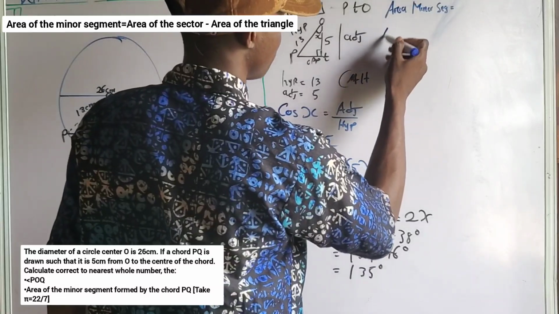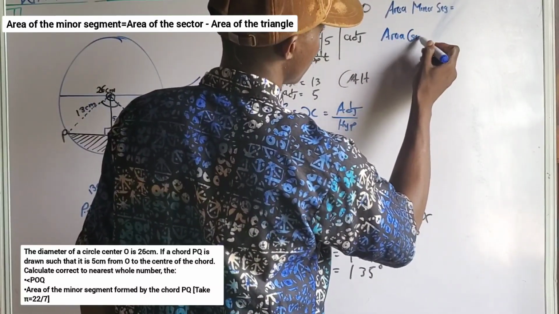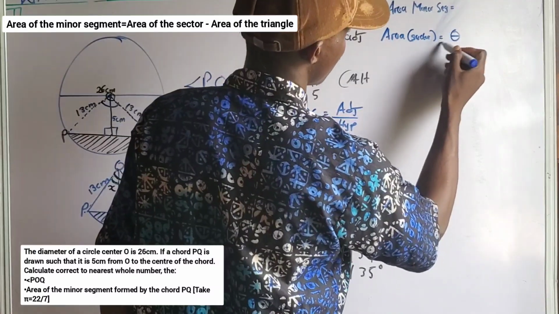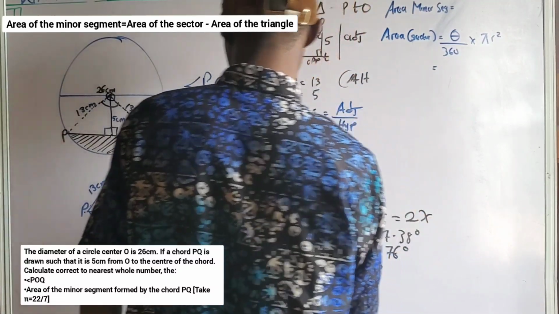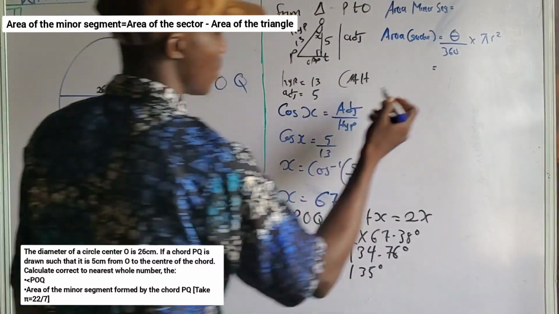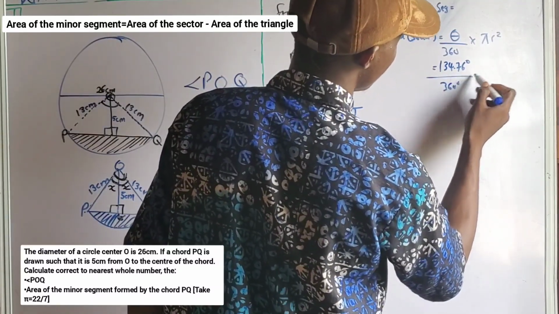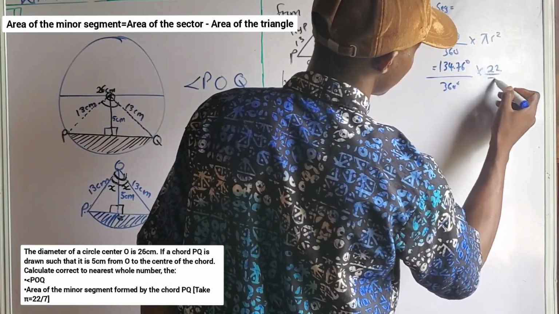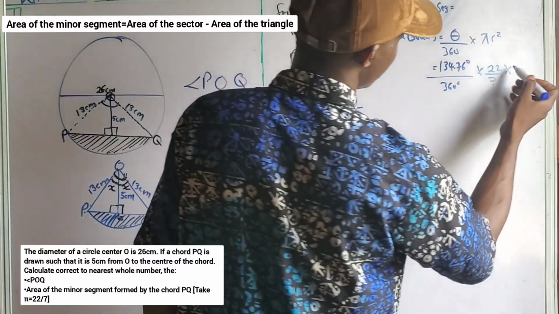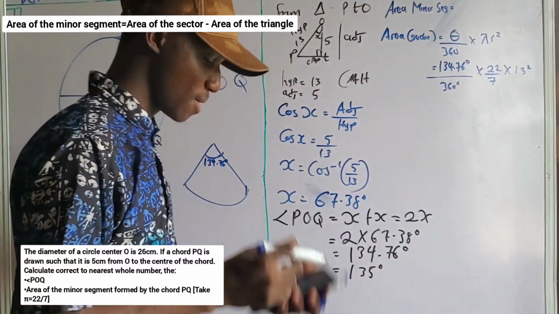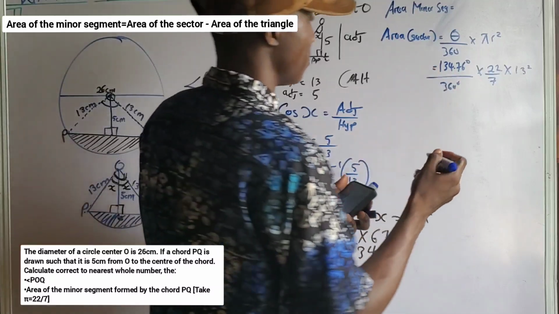Now let us calculate the area of the sector. It is theta over 360 multiplied by pi r squared. The theta is the angle here, 134.76 degrees, all over 360 degrees, multiplied by pi, which is 22/7 as given in the question, multiplied by r squared, where r is 13.